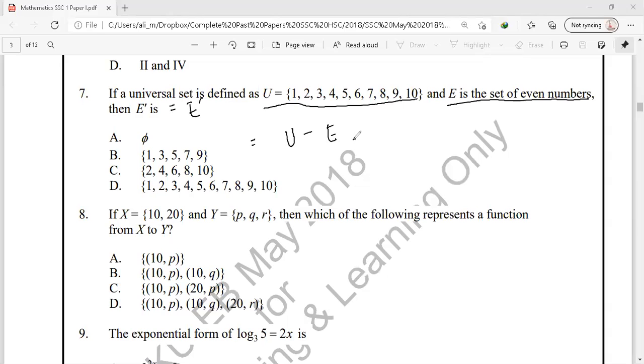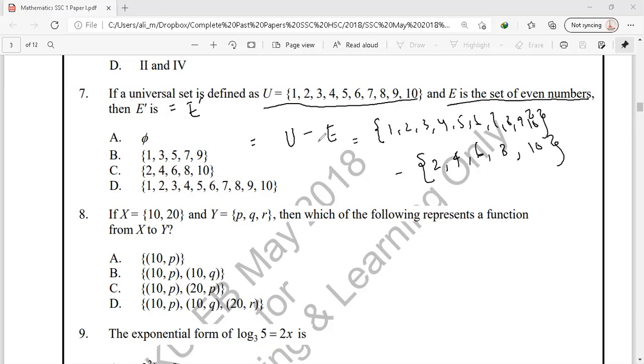So the universal set we have is 1 2 3 4 5 6 7 8 9 and 10, and the set of even numbers will be 2 4 6 8 and 10.